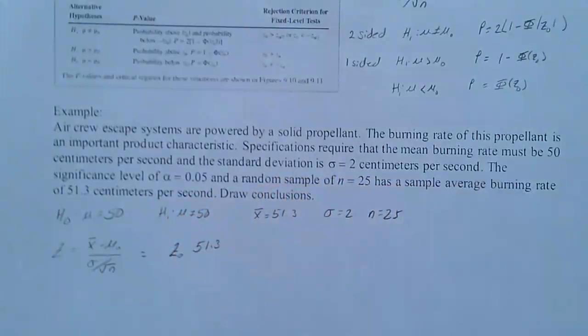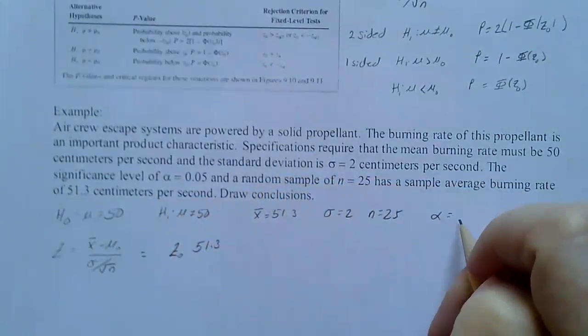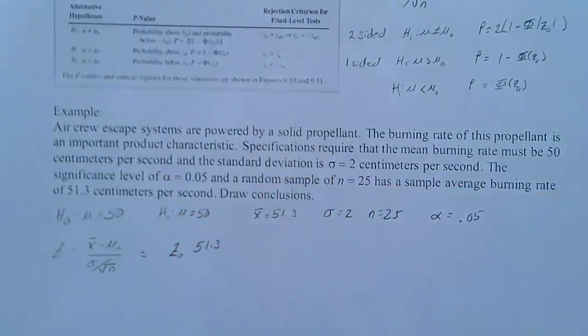Those are all given statements. And our alpha is equal to 0.05. So with all those given statements, we have 51.3 minus 50 divided by 2 over the square root of 25. And that math is equal to 3.25.